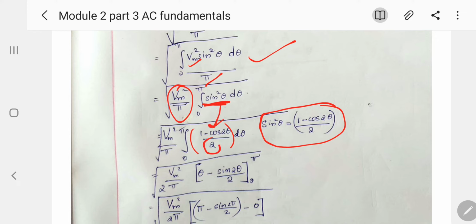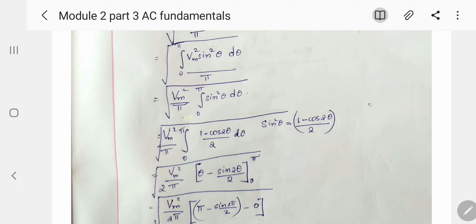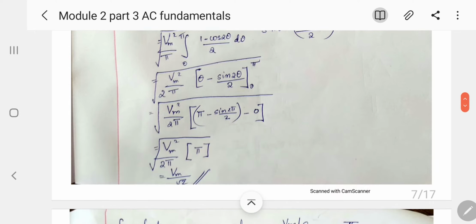Now this 2 can be taken outside as it is a constant. So the 2 is taken outside. Now the remaining term becomes Vm square divided by 2 pi into integral of 1 is theta and integral of cos 2 theta is sin 2 theta divided by 2. So this 2 is only for the second term.